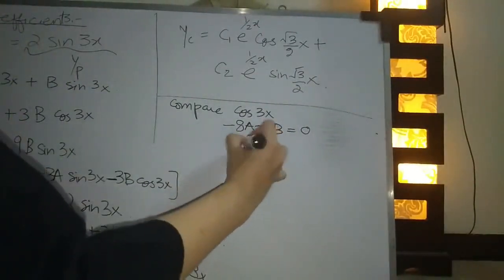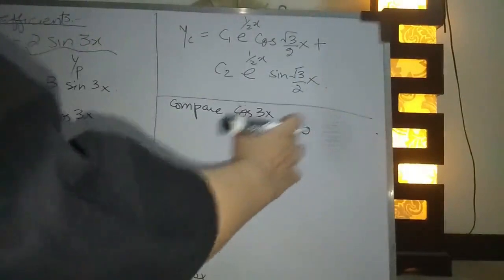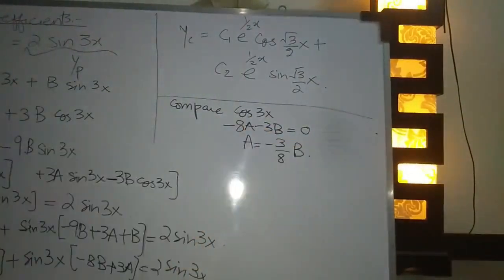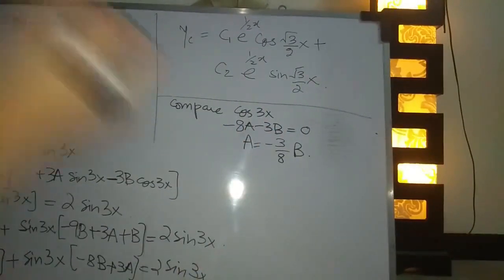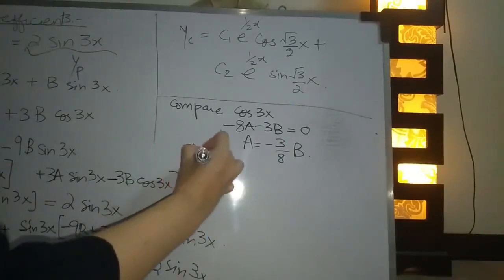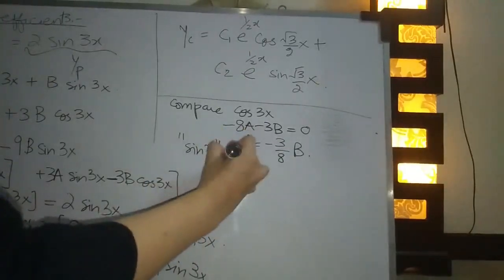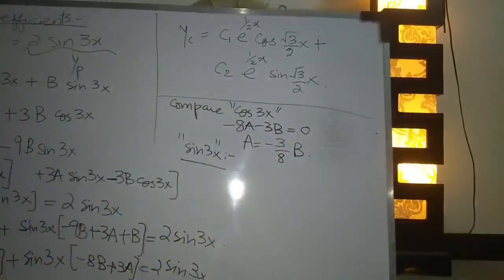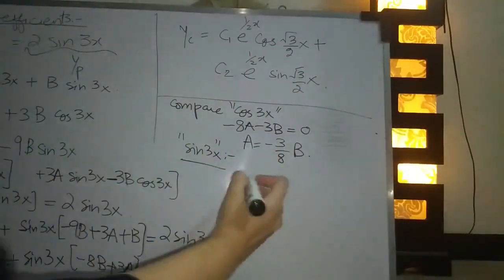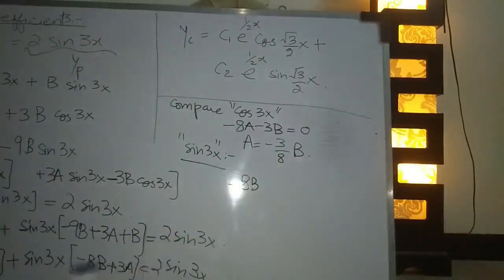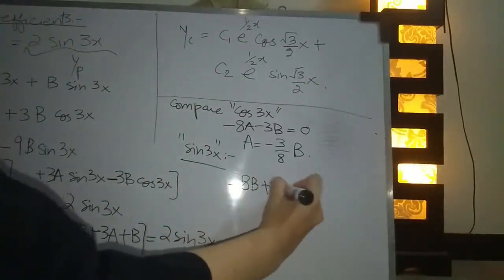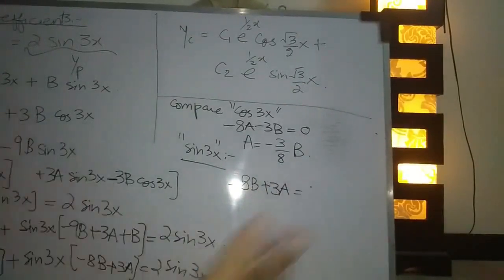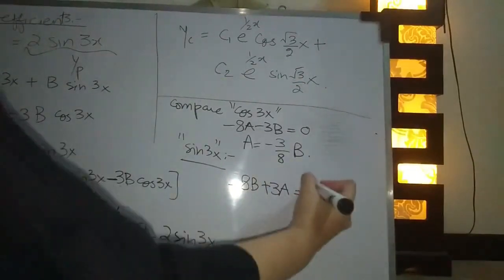So a becomes, if I shift that, plus 3b divided by minus 8, that is a. And also if I compare the coefficients of sin 3x, it becomes minus 8b plus 3a equals 2.